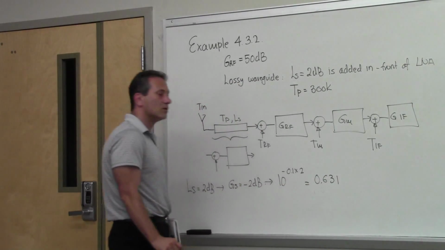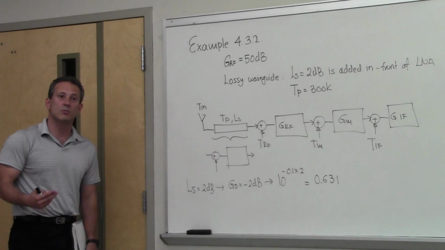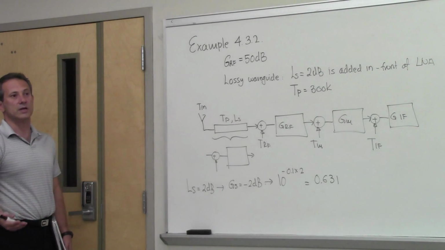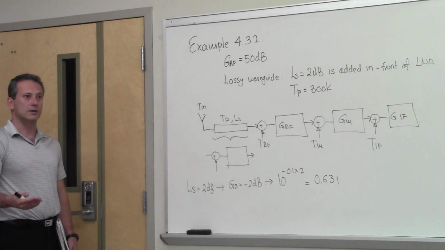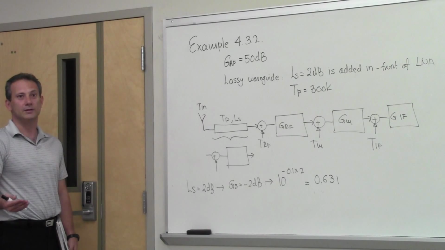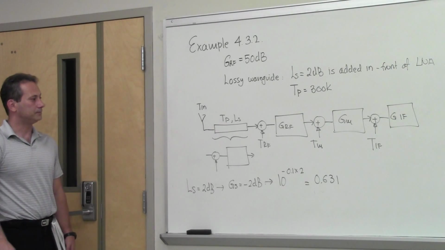So that's the gain of the waveguide. It's a number smaller than 1. Why? Because there's a loss associated with it, the loss is 2 dB, so the gain is larger than 1/2, but not much larger.